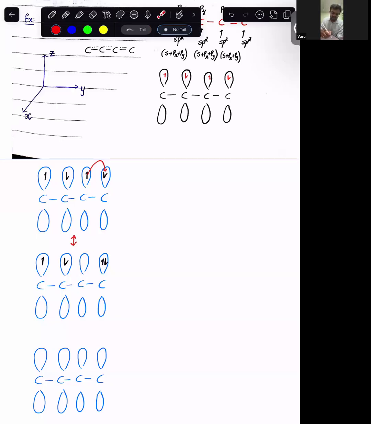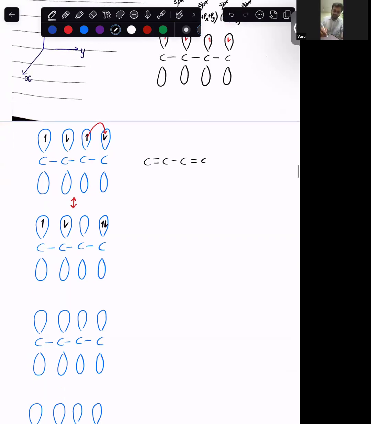So I can say this carbon is going to have a positive charge now because it has lost its electron to this carbon. Agreed? As this carbon is gaining an extra electron, it is going to have a negative charge. So the initial orbital diagram is of this, and I can represent it as a positive charge here and a negative charge here. Agreed?